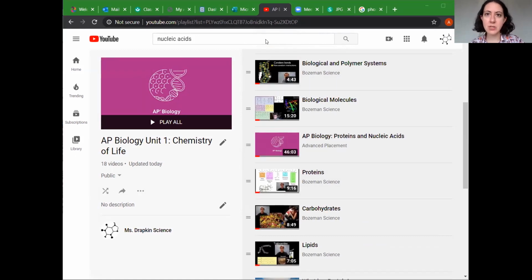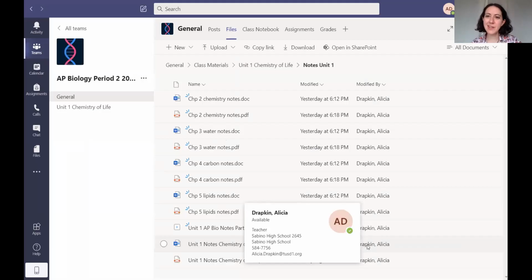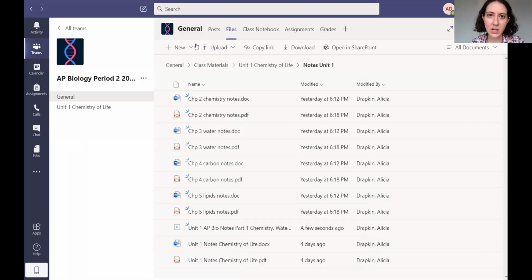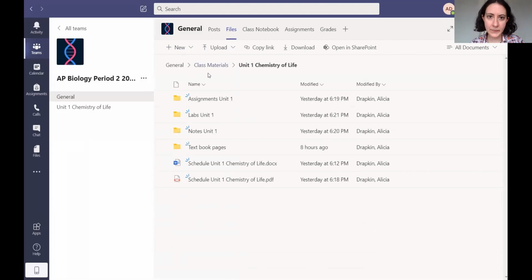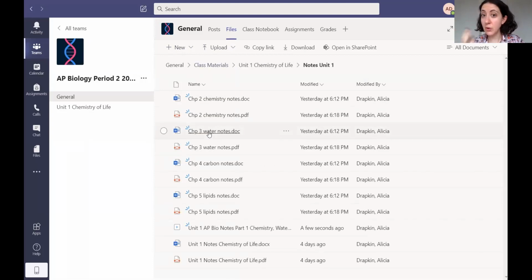Let's go to Teams though, and I'll show you some cool stuff there. I forgot to show you the lab from last video, so I'll make sure to do it this time. Okay, if we go into files for unit 1, these are the notes, obviously. I think under carbon, you'll find some useful notes.